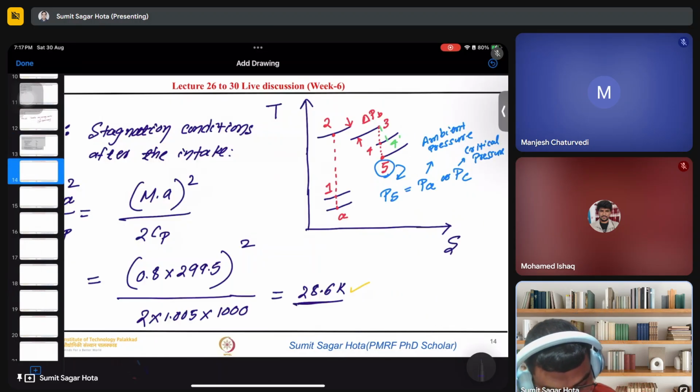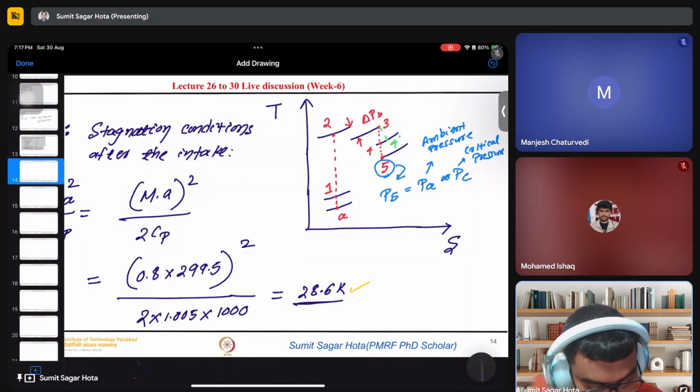What basically I am doing: P3 will be at a lower pressure than P2. This is not a direct pressure value, it's a change in pressure value.